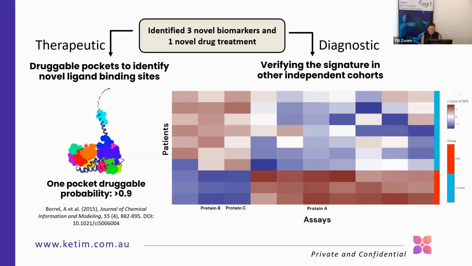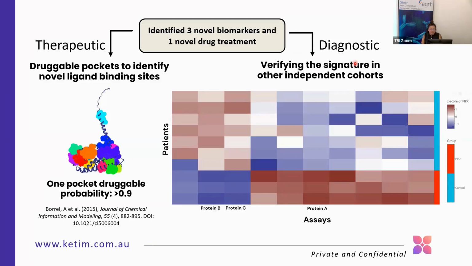And one of the things that I did is to look at the structure of that protein X that I mentioned to you. That's not the actual protein X, but as an example, they have this little pocket, which you can see as these colored spots there, and the druggable probability score was more than 0.9. So in other words, the protein that is novel to us has a druggable probability of about 90%.